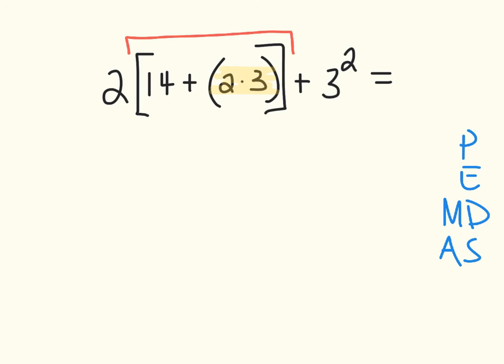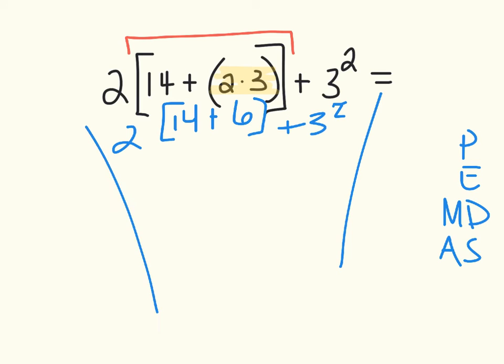So if I take a look at 2 times 3, that's going to be 6. Then I have 14 plus 6 still in my brackets with a 2 and then plus 3 squared. I'm then going to do the rest of my parentheses, so 14 plus 6. 14 plus 6 is going to get me to 20.